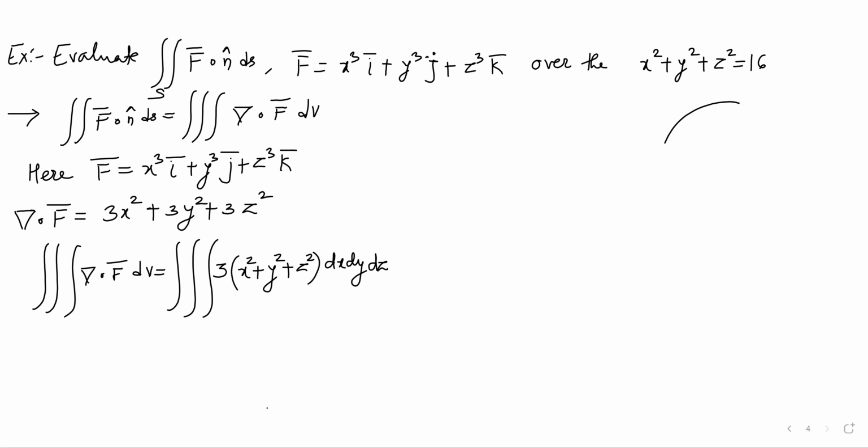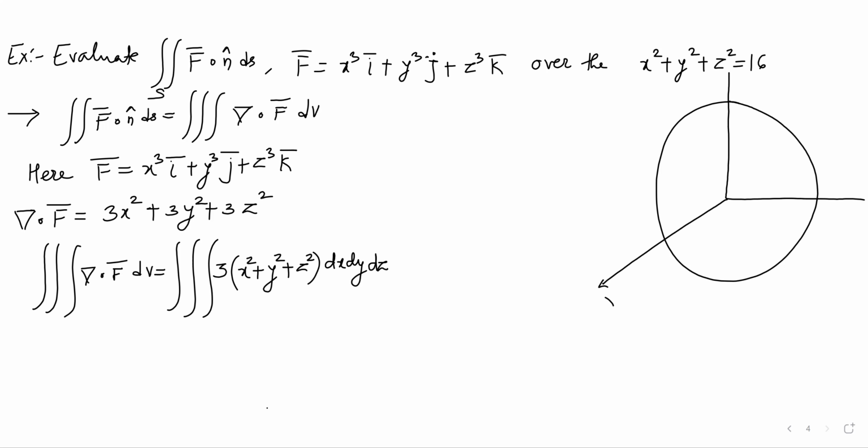Okay, we use the spherical polar coordinates. You can see that we have this sphere, something like this, correct? Now I have to substitute in terms of r, theta, phi. So what is x?